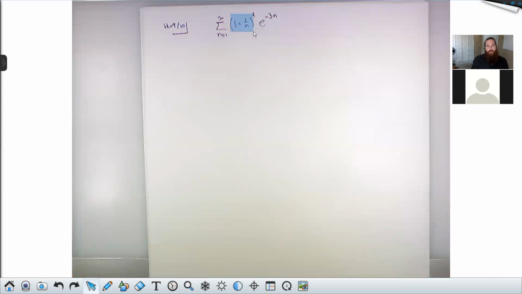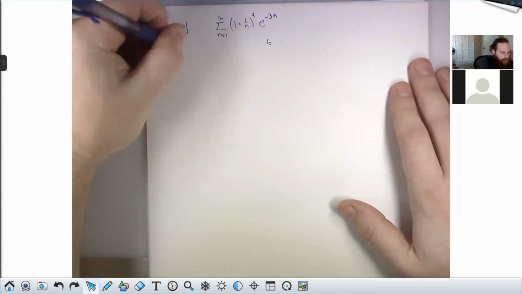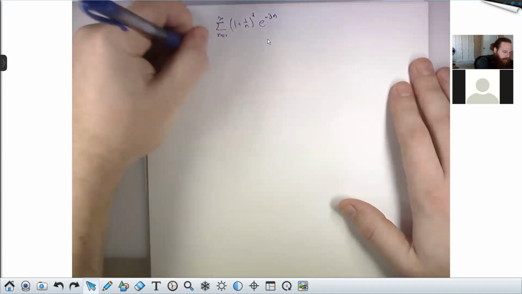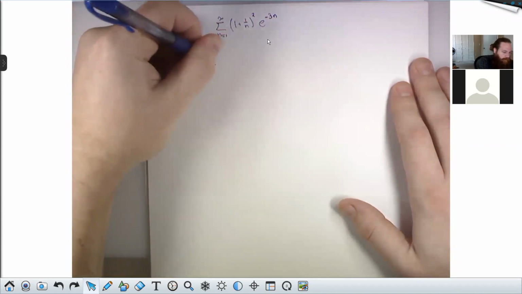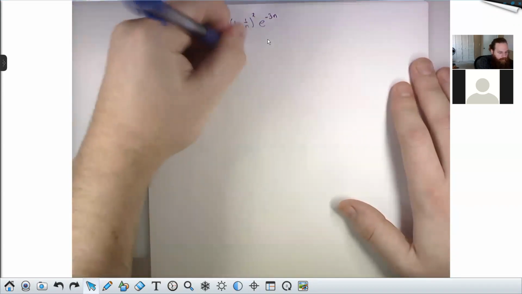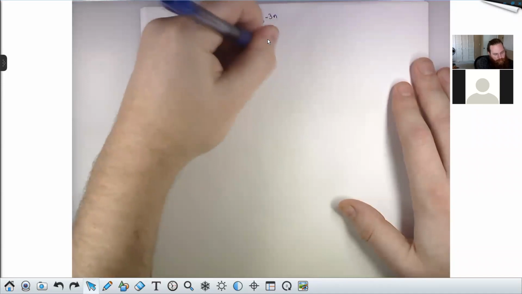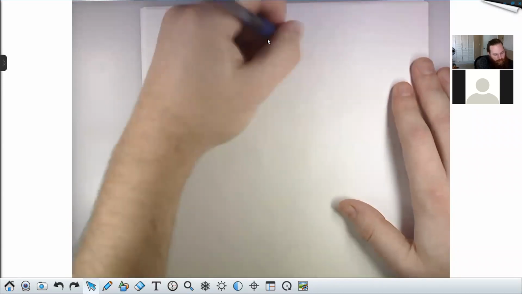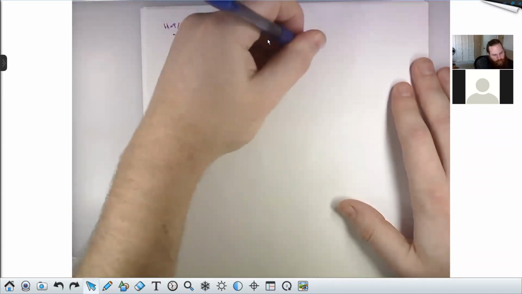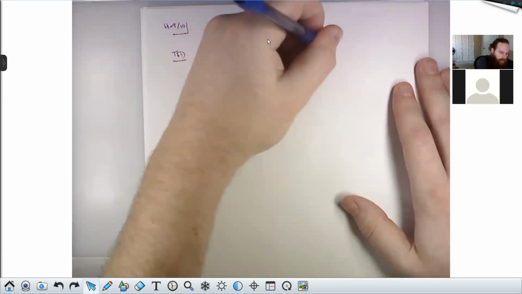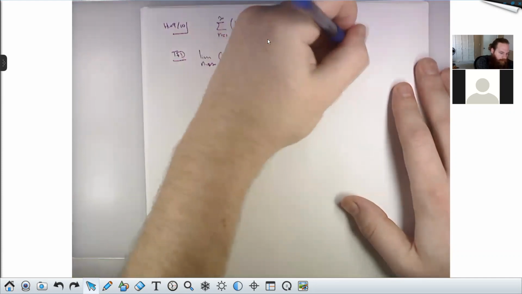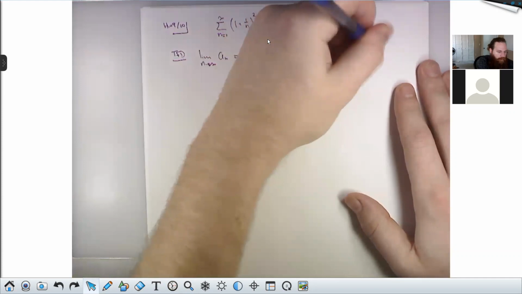If you send n to infinity, this piece goes to 1, and this piece goes to 0. 1 times 0 is 0. So I'll write it down just this one more time. Lim n to infinity of the An's is lim n to infinity of 1 plus 1 over n all squared times e to the negative 3n, which is equal to 1 plus 0 times 0, which is 0.